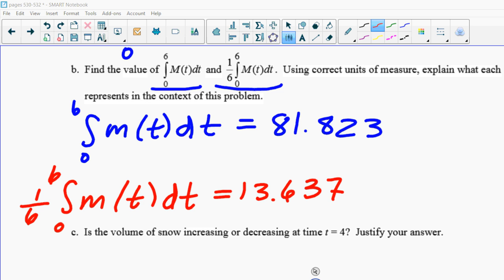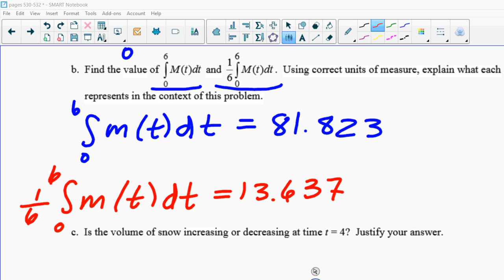What does the integral from 0 to 6 of m of t dt mean? Look at what m of t meant in the first place. Remember, m of t was the rate at which the snow melted. When you integrate a rate, you get an amount. So what does this tell us? That's right. And what unit?